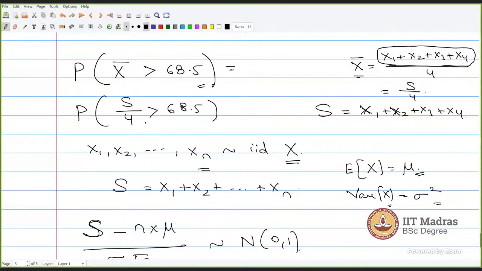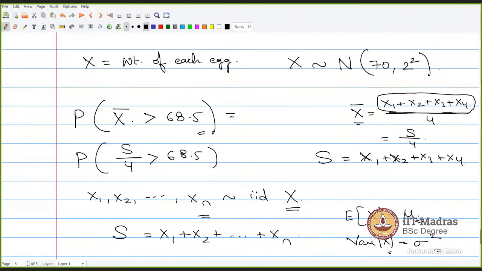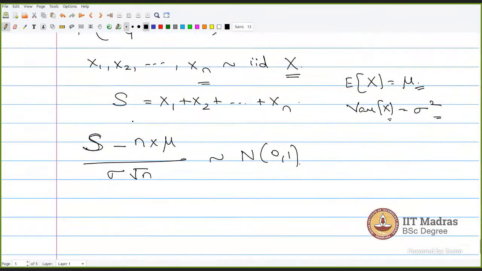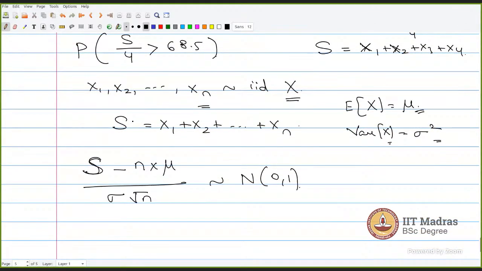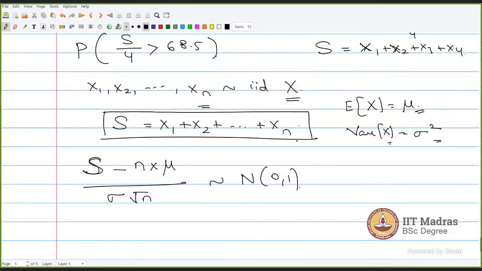Can you also tell why we are doing this? I understood X bar can be written as S by 4, but what is the thought behind taking this approach? See, we know only how to convert the sum of random variables to normal.